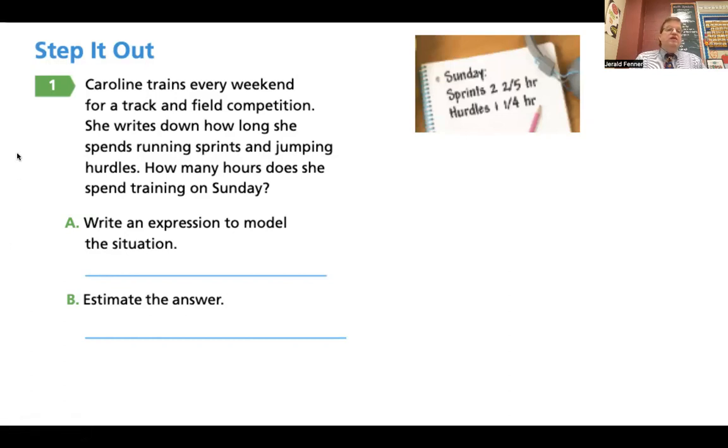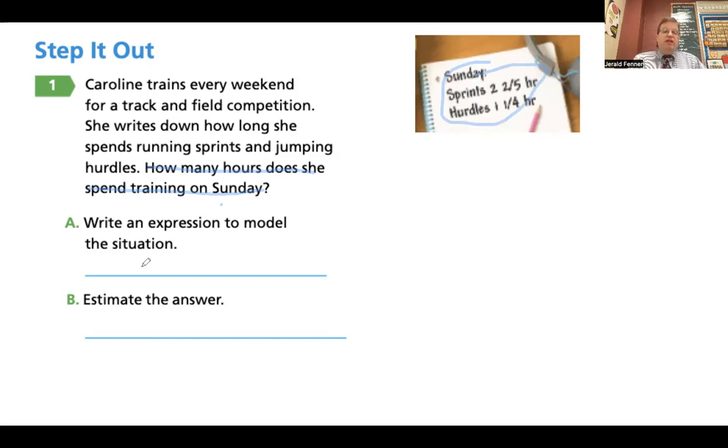So the first thing we need to do is make sure that we are highlighting the important information. And we start off with the question: how many hours does she spend training on Sunday? So the information is right over here. We see that she spends 2 2/5 hours on sprints and 1 1/4 hours on hurdles.